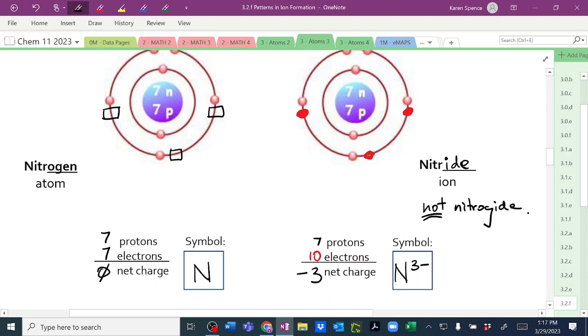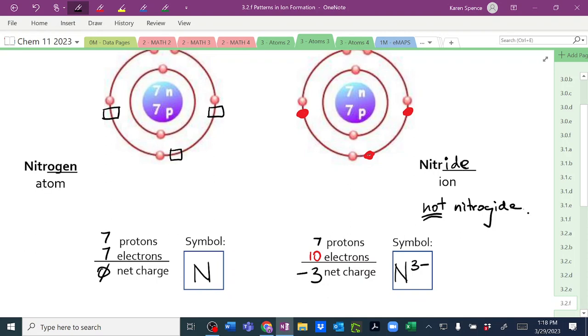How many syllables in nitride? Do you guys know how to count syllables? Nitride. Yes? Just like in elementary school where they're like, how many syllables, right? Nitrogide would have 3 syllables. Anions, with 2 exceptions, which we're not going to worry about right now, have 2 syllables. Nitride. So phosphorus, that's 3 syllables, does not become phosphoride.